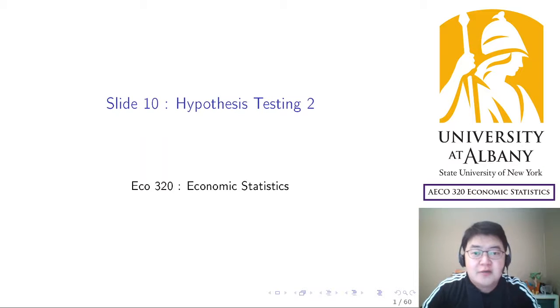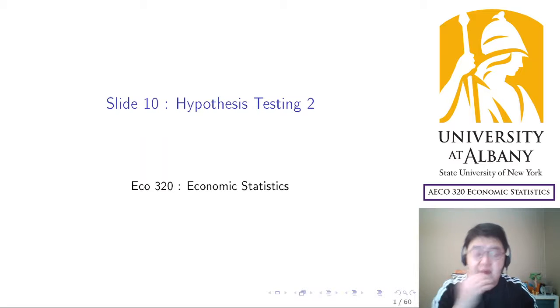Hello. Today we are entering Chapter 10, which is the second half of hypothesis testing. In the previous chapter I introduced the hypothesis testing framework, some basic terms, and three different decision rules to make the decision.